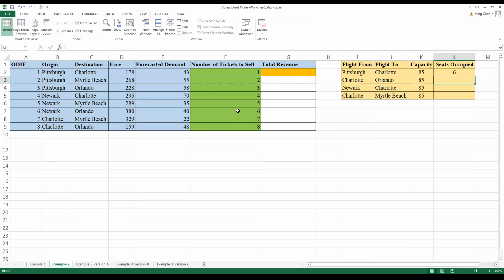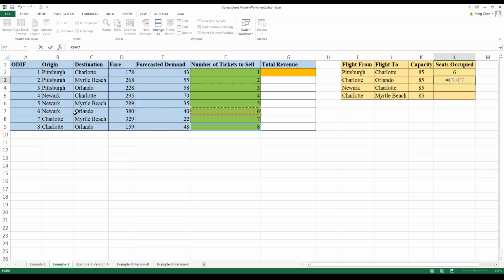Charlotte to Orlando. So who will be sitting on this flight? If you look at these 8 different OD pairs, who will be going from Charlotte to Orlando? Of course, Charlotte to Orlando, the last one, direct flight. Whoever goes direct from Charlotte to Orlando will be taking the flight from Charlotte to Orlando. But the question is, are these passengers the only passengers who will be flying on this flight? Of course not. Also, plus the ones who are going from Newark to Orlando.